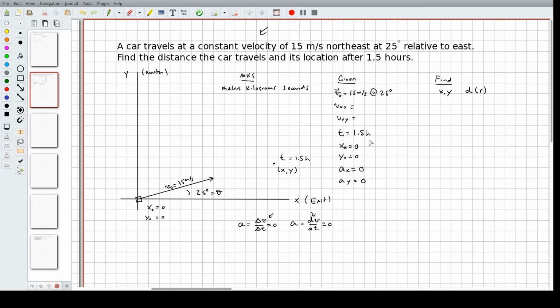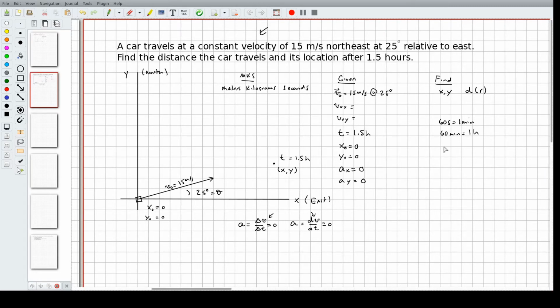The next thing we need to do is to take our time and convert, and then break our initial velocity up into pieces. So let's start with our time. I know that there are 60 seconds in 1 minute, just like I know that there are 60 minutes in 1 hour.